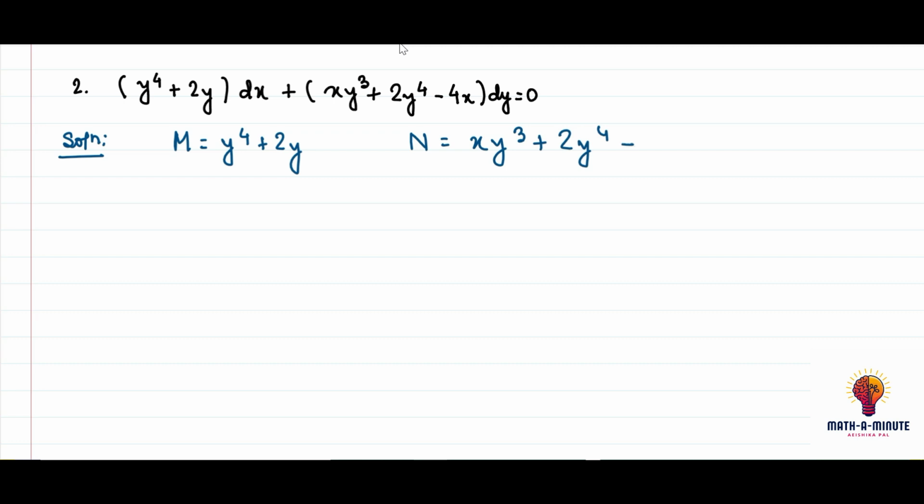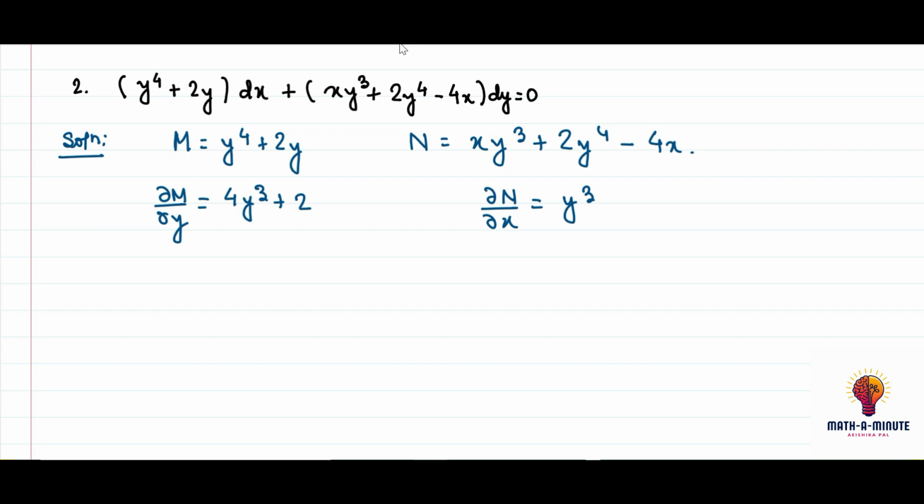Now differentiate this function M with respect to y, and differentiate this function N with respect to x. If you differentiate M with respect to y, it will be 4y cube plus 2, and if you differentiate N with respect to x, it will be y cube minus 4.